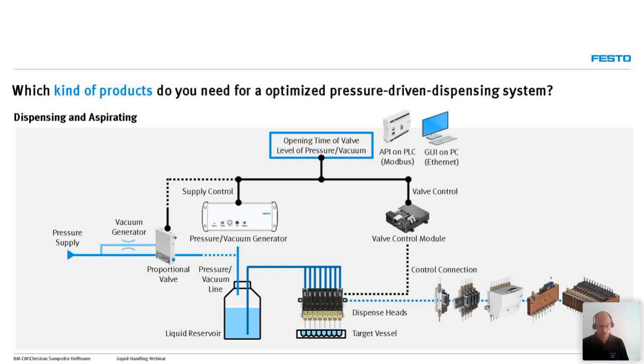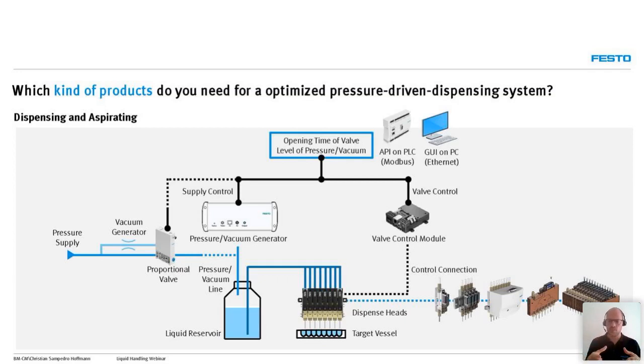Okay, the next thing we want to look at, I already told you we have different options for different kinds of dispense heads. And now the question is, when we're not only having one channel, but 8 different channels with 8 different valves, then it could be very hard to get the right CV value when you're looking at the whole plate.